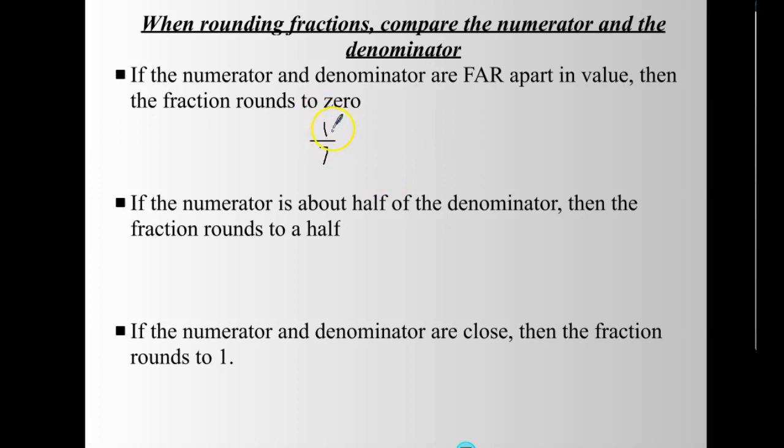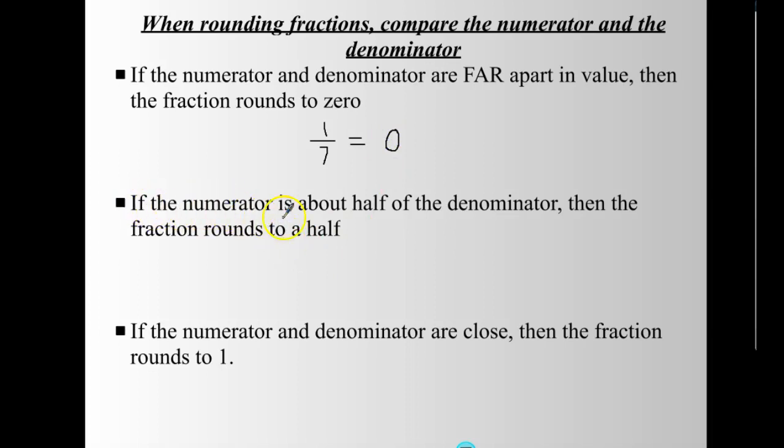As I can see, my numerator is very far apart in value from my denominator. So I know that my fraction is going to be closer to the 0, so it would round to a 0.